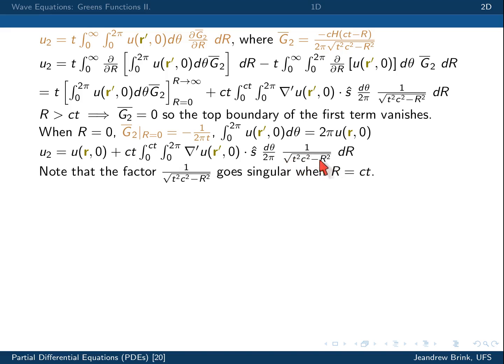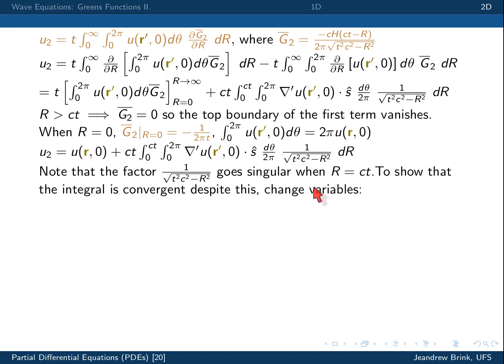The way you get rid of it is you make a coordinate transformation in R. So we're going to change variables in R, and simply let R equal TC sine of P. When you do a change of variables, it has to be valid over the whole domain of integration, so you can only do this if the domain of integration is limited to TC.